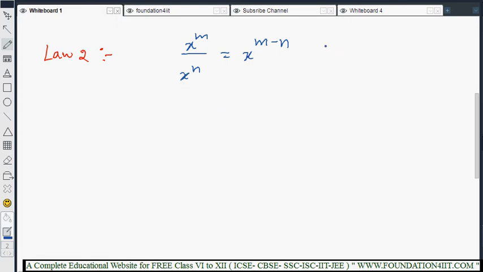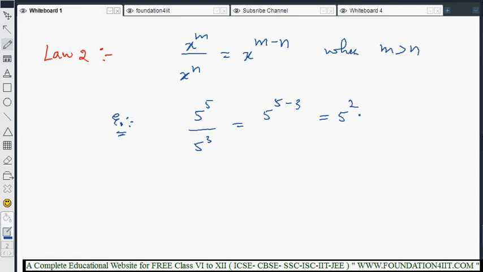Your condition is m is greater than n, because m should be more than n. Example: 5 to the power 5 by 5 to the power 3. You can write 5 to the power 5 minus 3, that is 5 to the power 2.